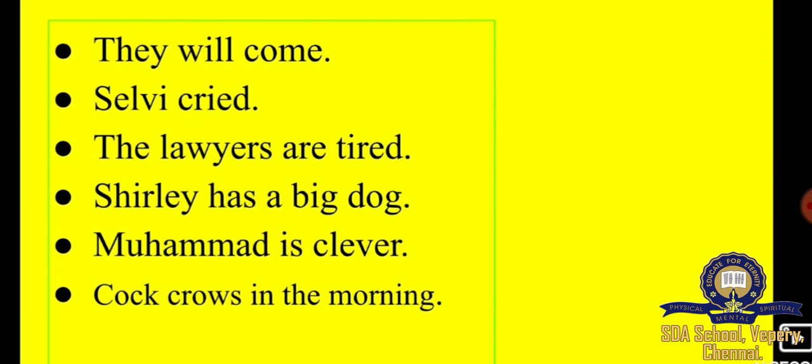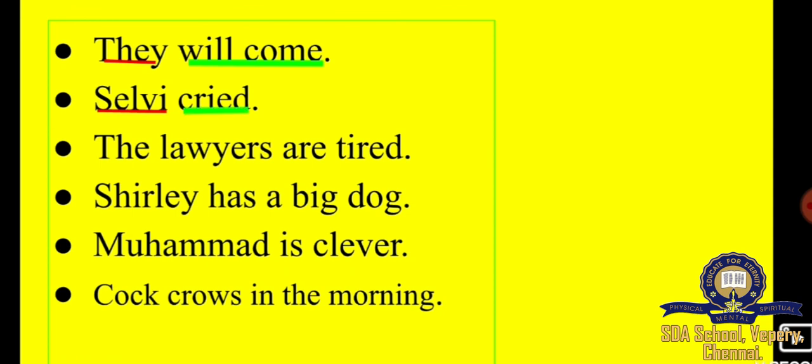Here, what is the subject? Yes, they is the subject. And the remaining part, will come, is the predicate. And next sentence, Selvi cried. Here what is the subject? Selvi is the subject. And cried is the predicate.